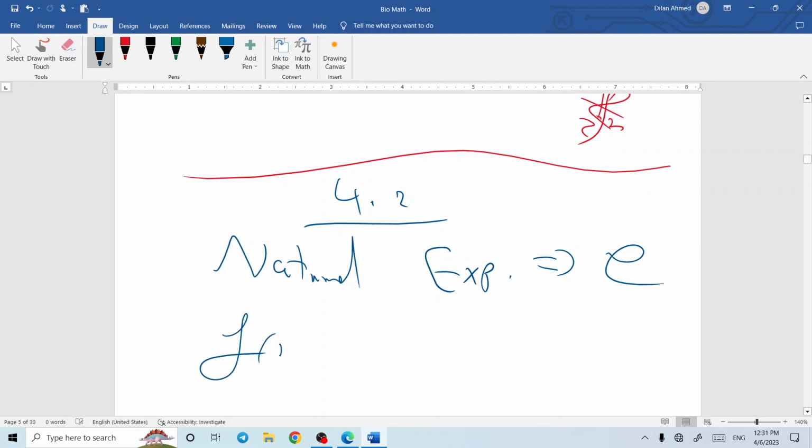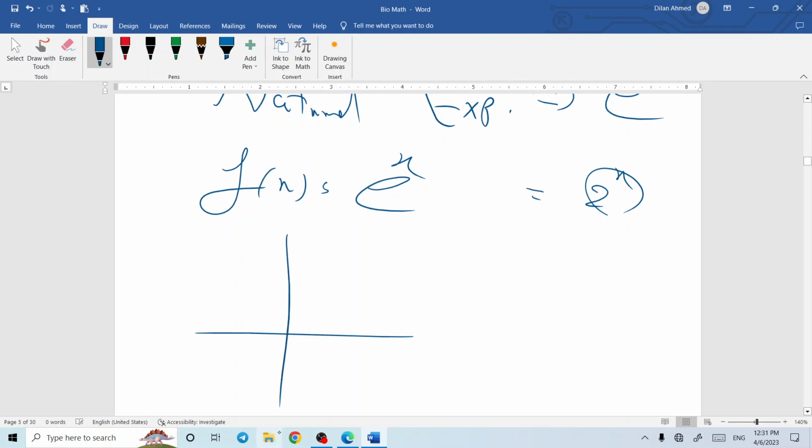I say f of x equal to e to power x. The same, you can think about it like 2 to power x. Tell me about the shape of the graph. How was it? The shape of the graph is the same. Where's the point?